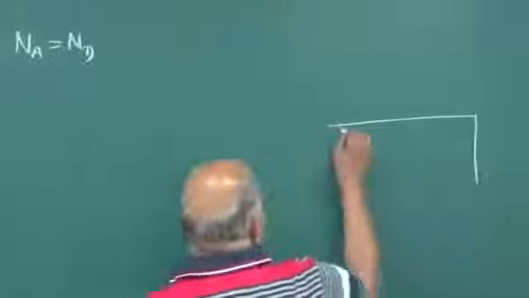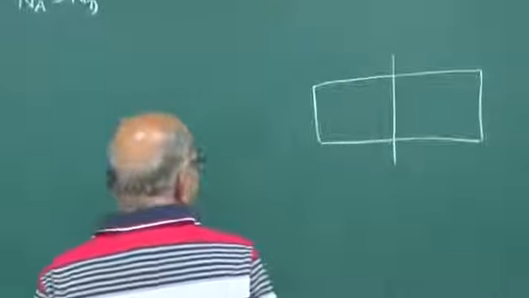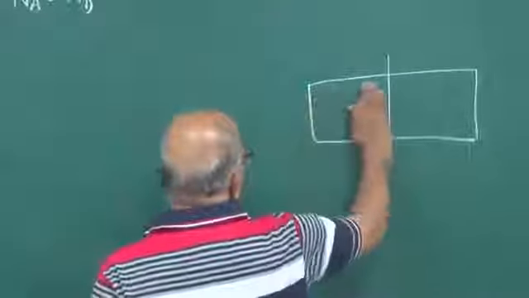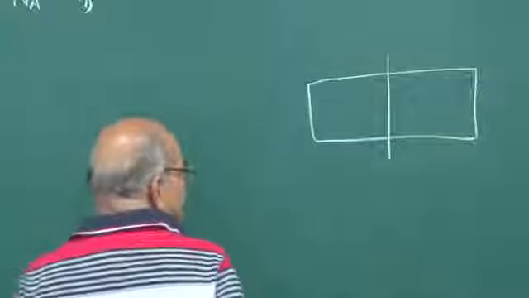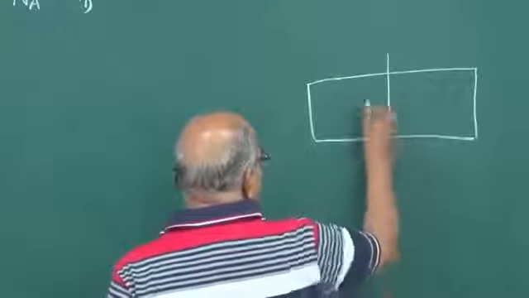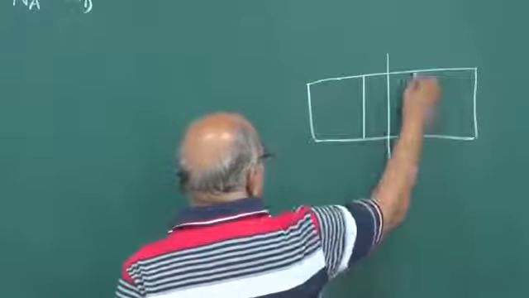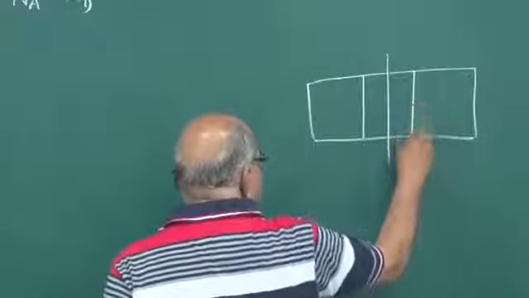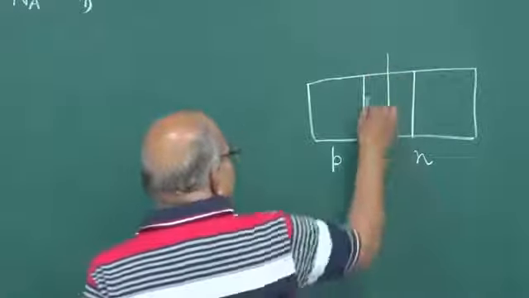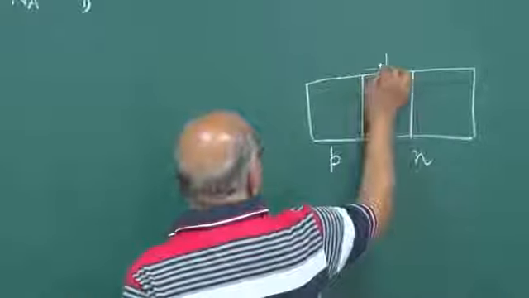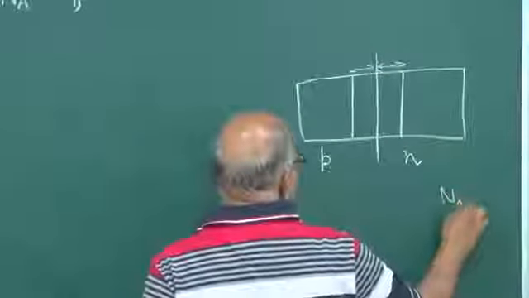If you denote your p-n junction like this, here is the junction, then from one side you have acceptor, another side you have donor, and since Na is equal to Nd, your depletion region will be of equal width on the two sides. So if this is the p side and this is the n side, this part is the same as this part because Na is equal to Nd.